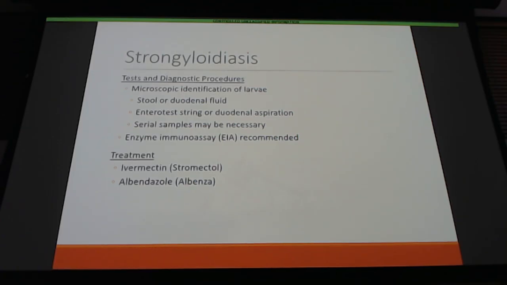And then you can do ELISA testing if you want. If you do have PCR, by all means, use PCR. That is one of the best ways to do it, if available. And then treatment: ivermectin or albendazole. So now we're starting to go into different types of treatment and different types of meds.